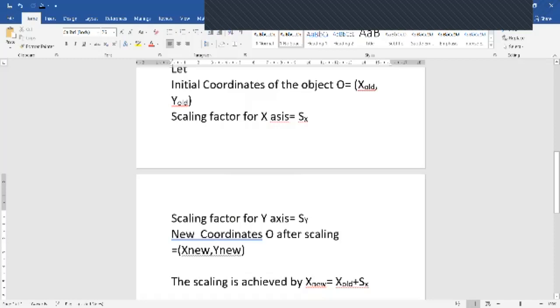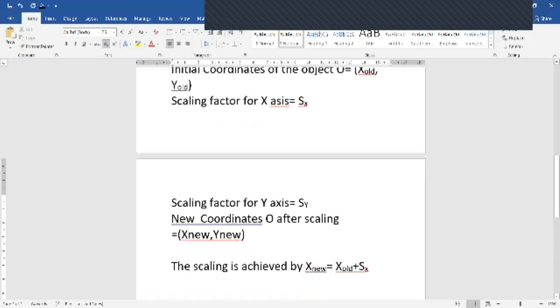Now, a similar thing will be written for y also. Y new is equal to y old plus Sy.